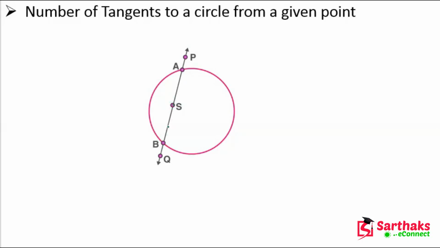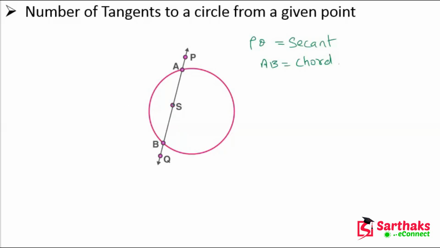Here PQ is secant and AB is chord. So if a point is inside the circle, then we cannot draw any tangents on the circle.